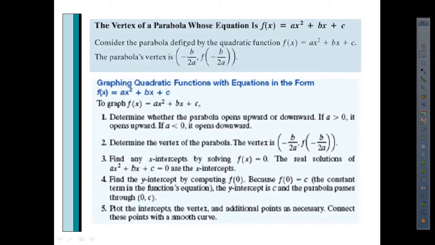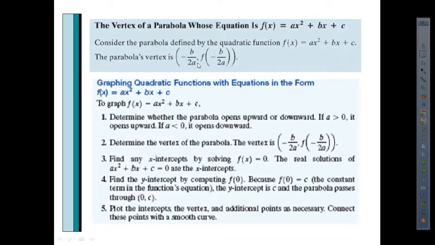All right, the vertex of a parabola whose equation is f of x equals ax squared plus bx plus c. If we consider that parabola defined by the quadratic function f of x equals ax squared plus bx plus c, the parabola's vertex is, and here's where the big important formulas come in, negative b over 2a, comma, f of negative b over 2a.